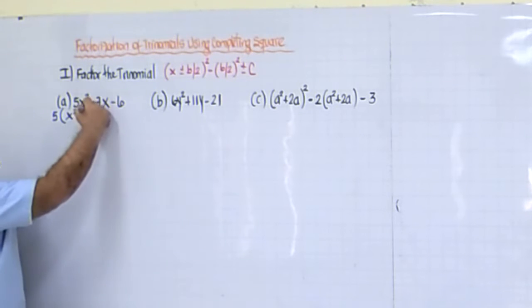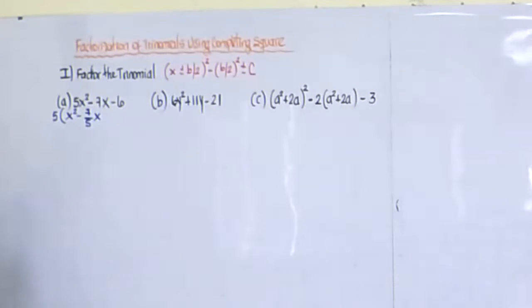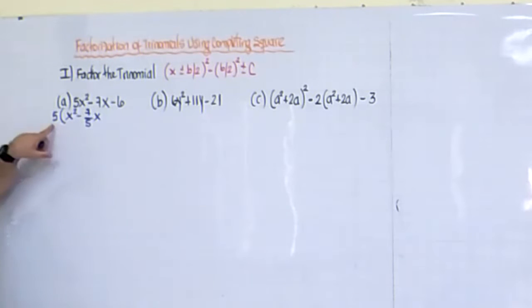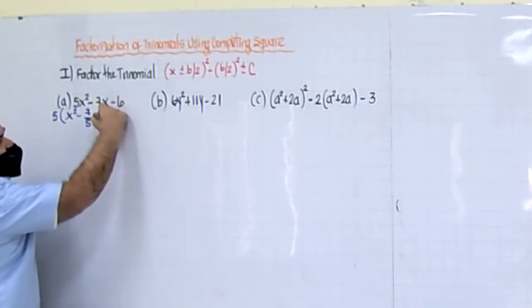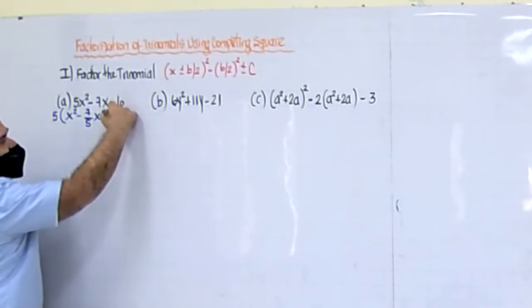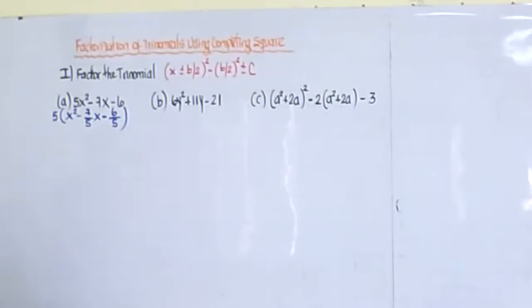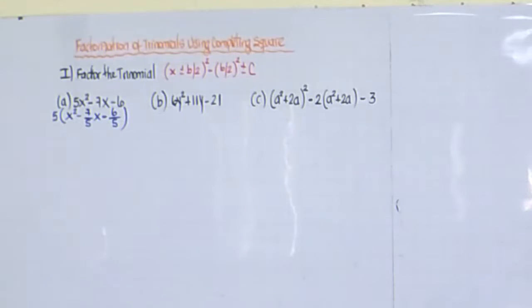In simple words, 7 over 5 x. And the same happens with negative 6. If we divide negative 6 by 5, that will be a decimal number. For that reason, we write the fraction expression, I mean, negative 6/5.